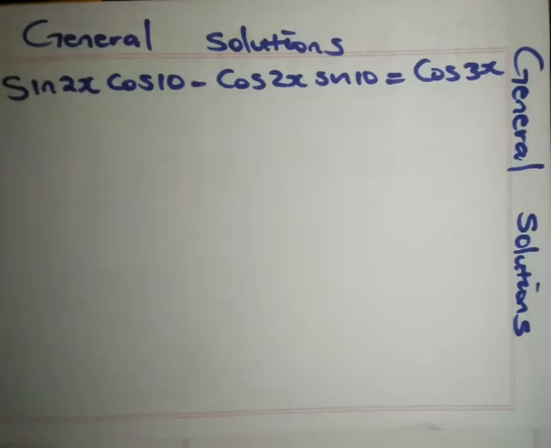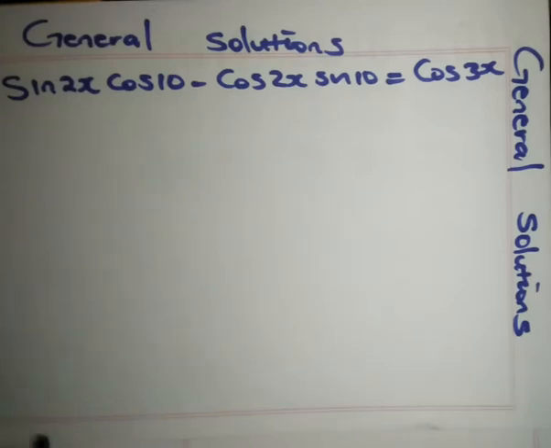We have sine 2x cos 10 minus cos 2x sine 10, which is equal to cos 3x. Now you recall your compound identities. As you can see on your left hand side, you have a compound identity, so we have to change that part to its equivalent identity.